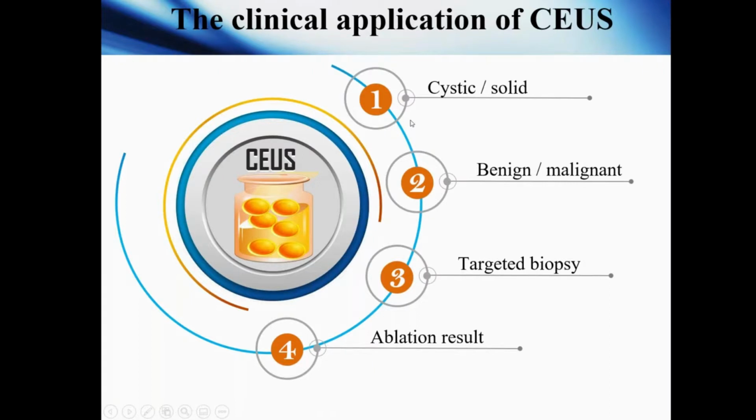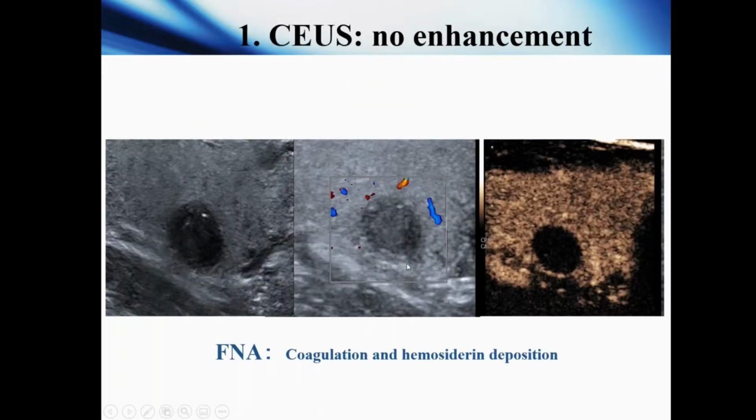Now, let us see the first case. A hyperechoic nodule with ill-defined margin, irregular shape and possible tiny echogenic foci was found in the right lobe of the thyroid.